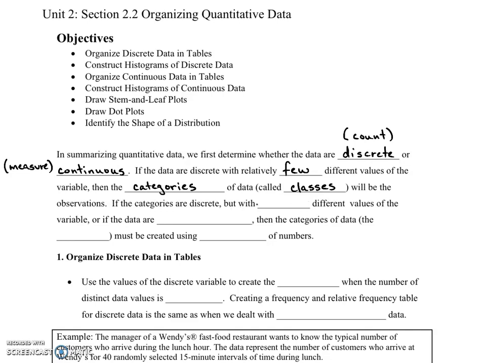If the categories are discrete but have many different values, or if the data are continuous, then the categories of the data, remember we're calling those classes, must be created using intervals of numbers. And an interval is just a range. So for example, 20 to 25 is an interval.